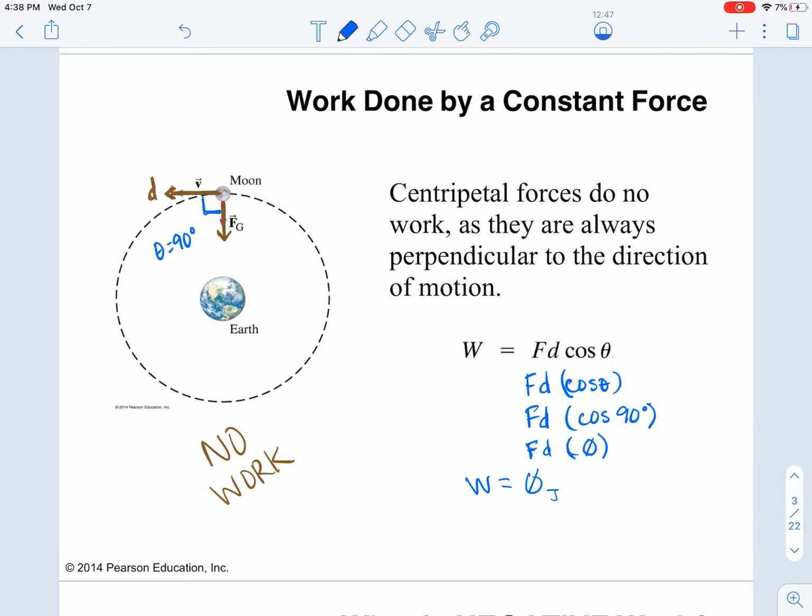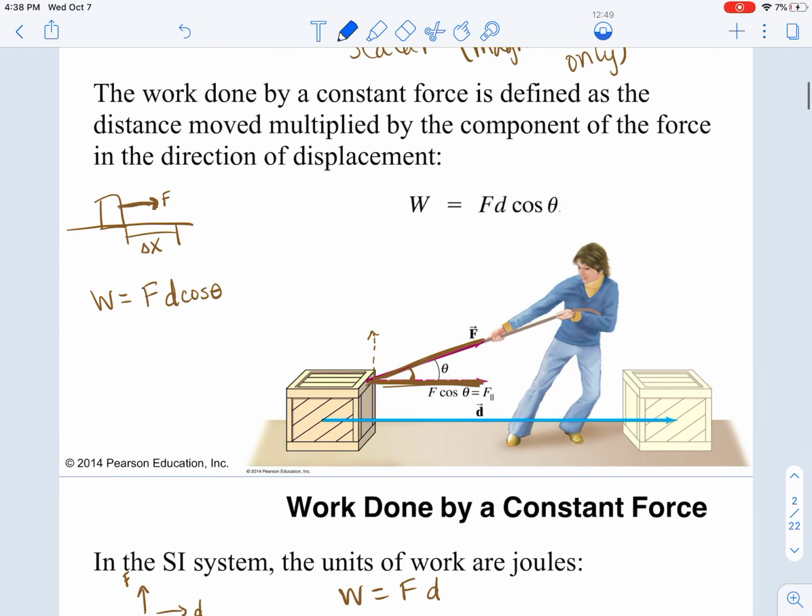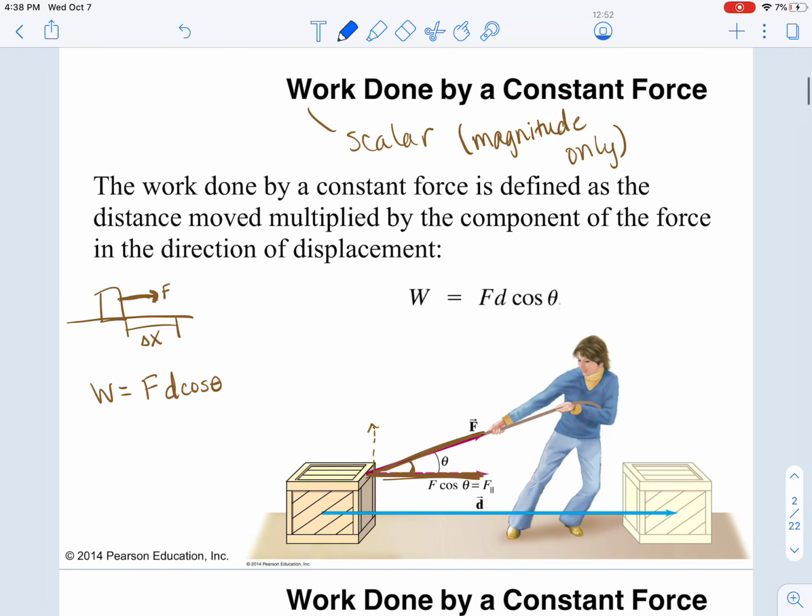Let's go back up here to our example of the woman pulling on the crate. Right now I want to focus on the example that I made up for you, if she were to apply the force perfectly parallel to the direction of the object's motion. If we were to plug in our numbers here, we would say that it's the force she exerts times the displacement that the crate experiences times the cosine of the angle.